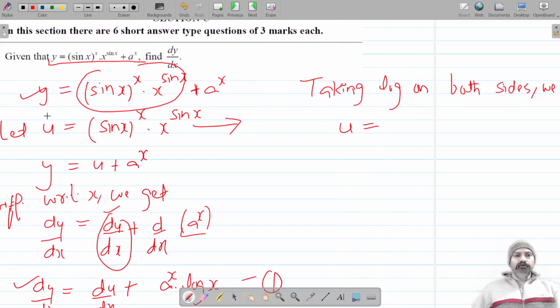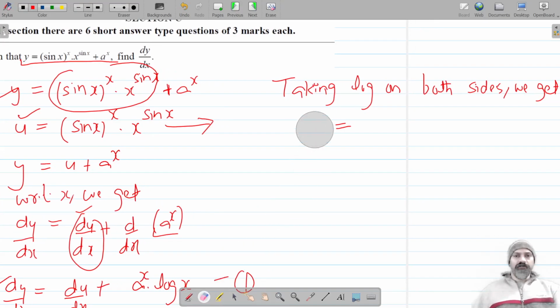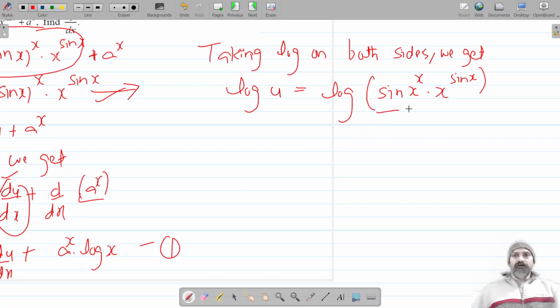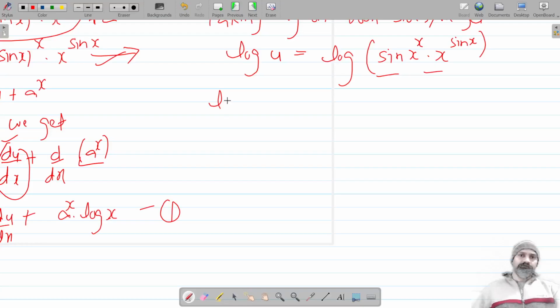So if we take log on both sides, this is now log u for this equation, and this is now equal to log of sine x raised power x into x raised power sine x. So this is log of u into b, so log u is equal to log a into b, which is log a plus log b.